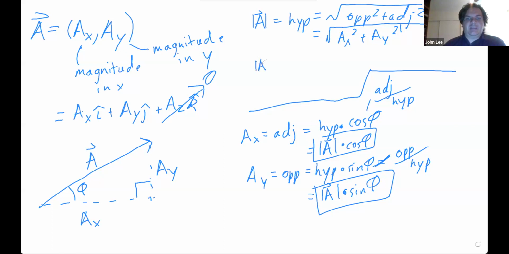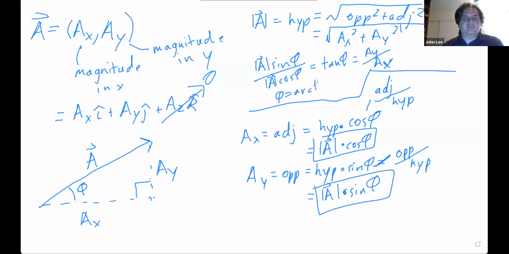So A sine phi over A cosine phi equals tangent of phi equals AY over AX. So phi can be found by taking the arctangent of AY over AX.